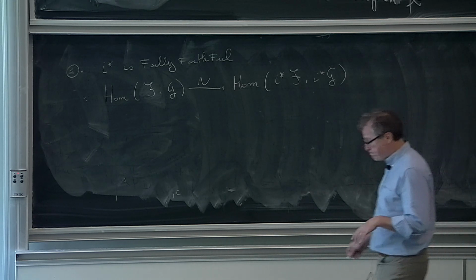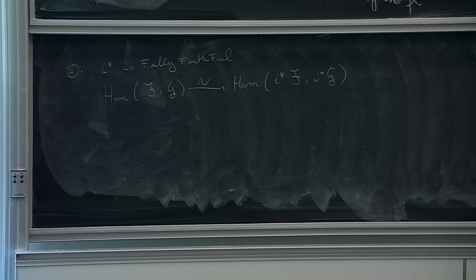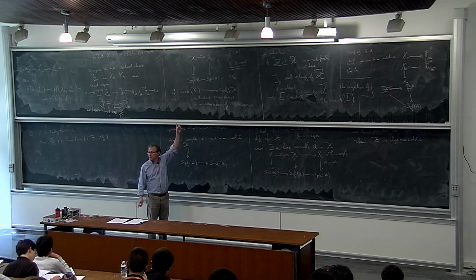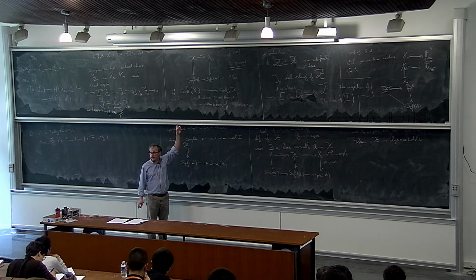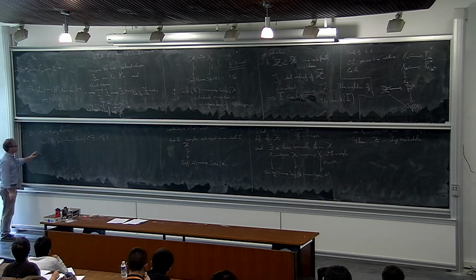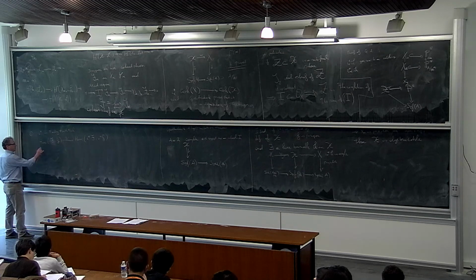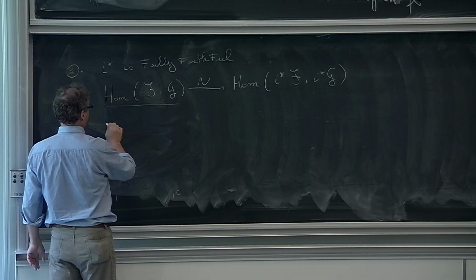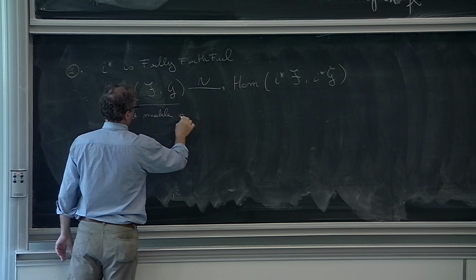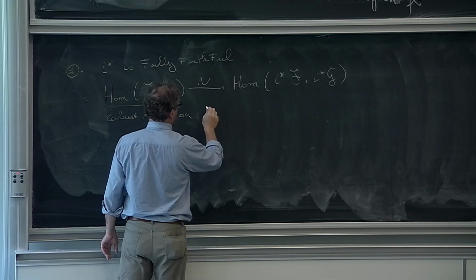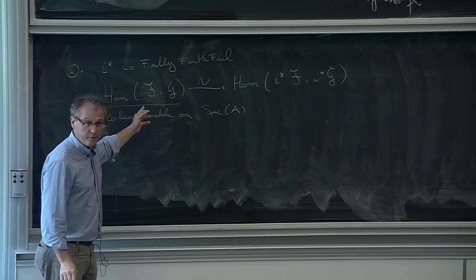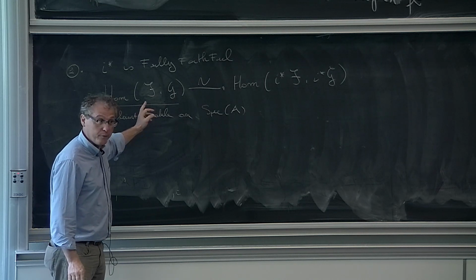And here we are using the fact that A is complete and is affine, because this is a coherent module on spec A, because the morphism is proper. Here we are using properness.